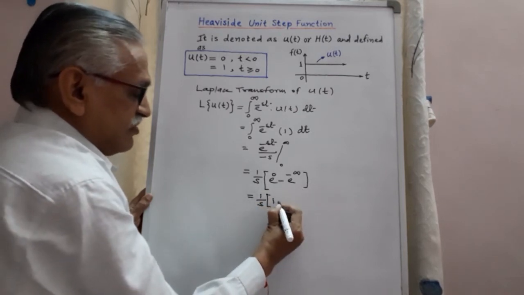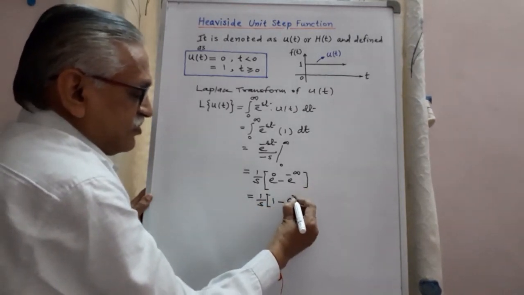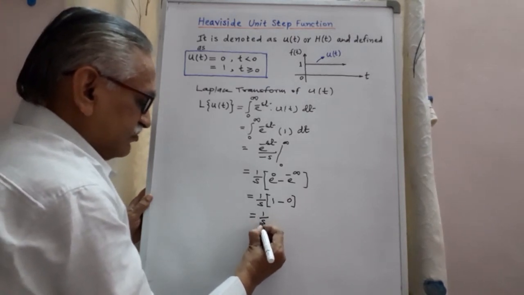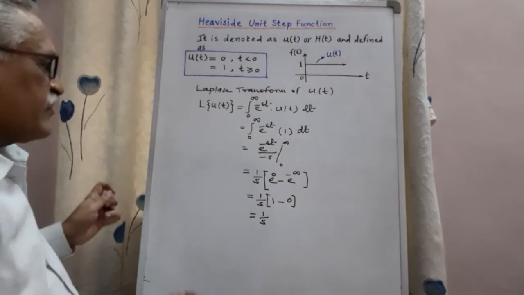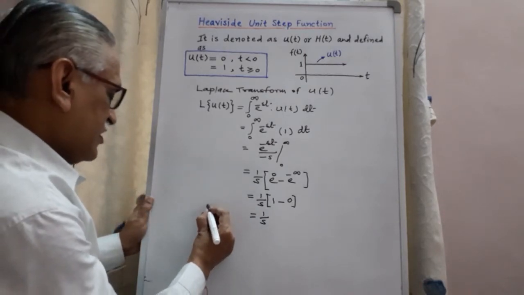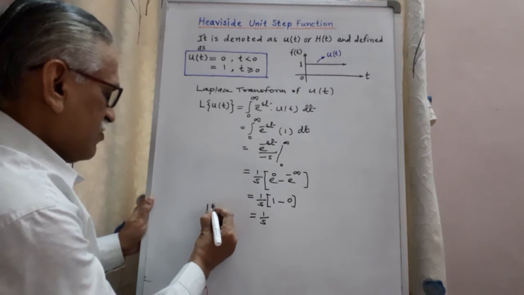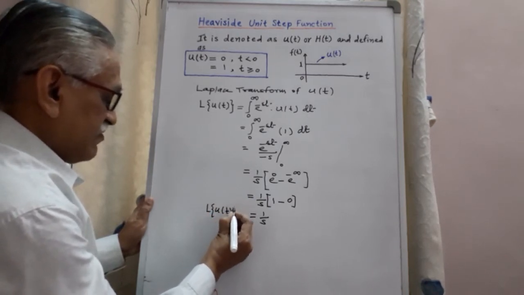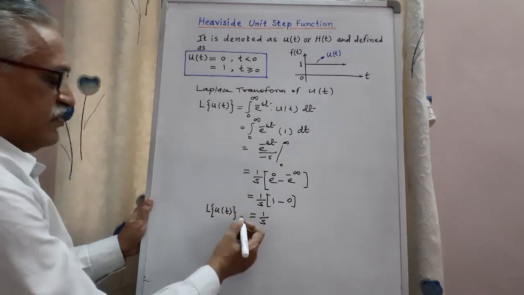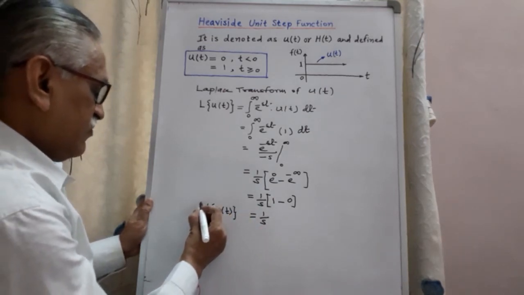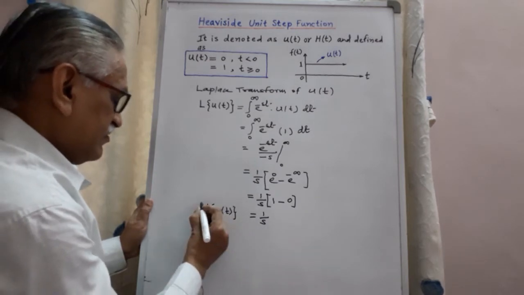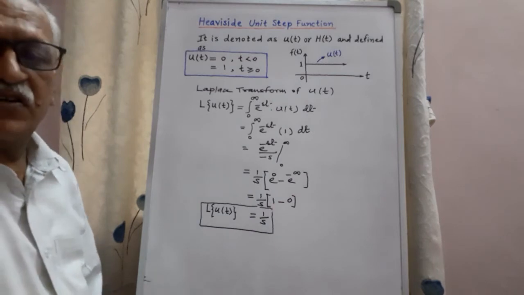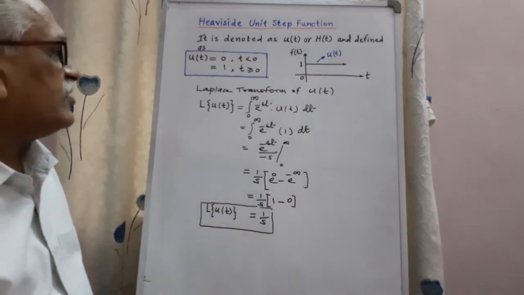E raised to 0 is 1, e raised to minus infinity is 0, and therefore its value is 1 by s. So we get the first result: Laplace transform of the unit step function is 1 by s.